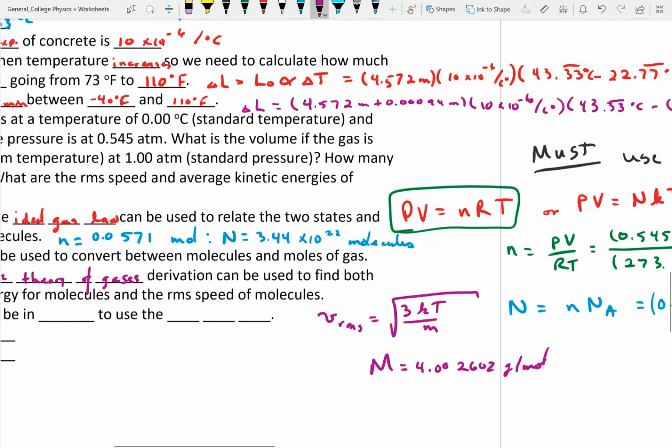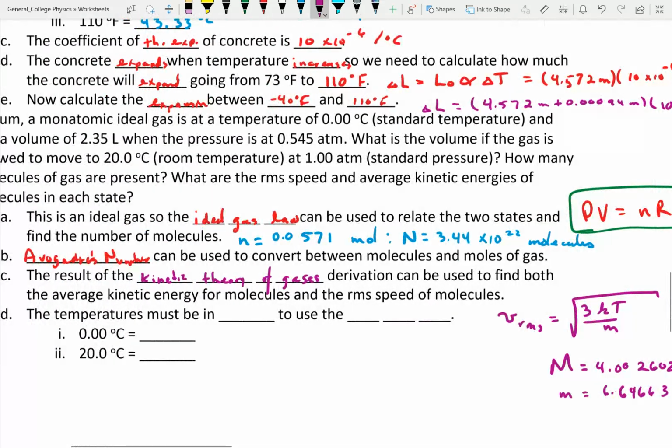And if I convert that by simply dividing by Avogadro's number and converting to kilograms, I get the molecular mass is 6.64663 times 10 to the minus 27 kilograms. That's the mass of one helium atom or molecule, since it's monatomic.